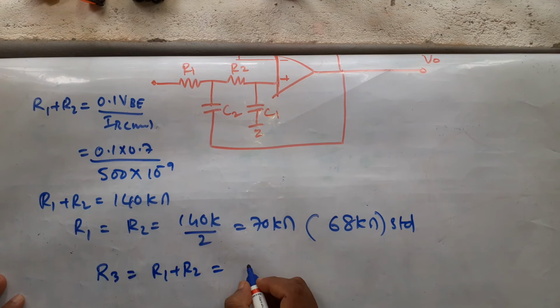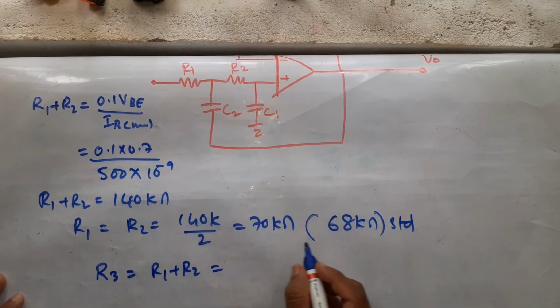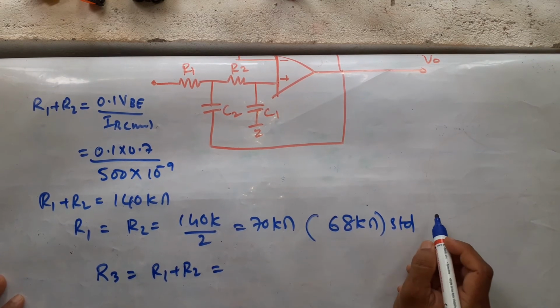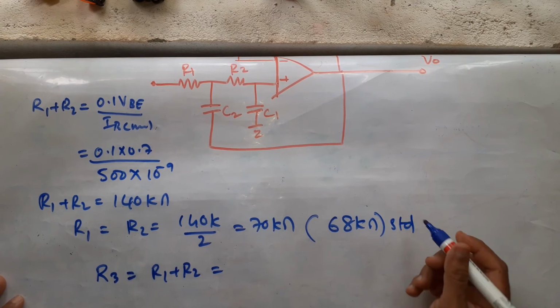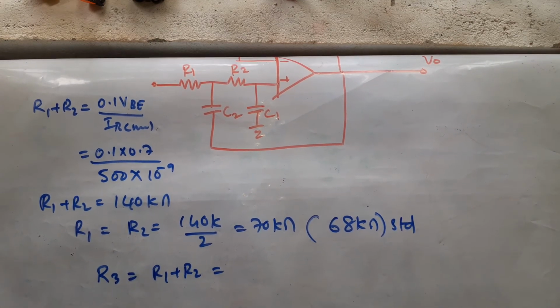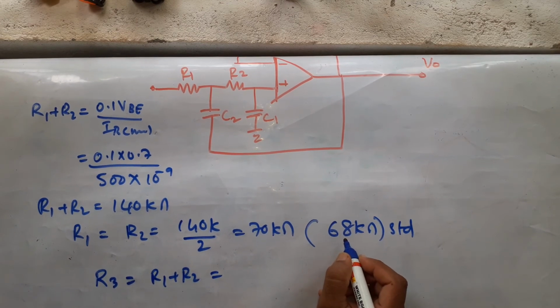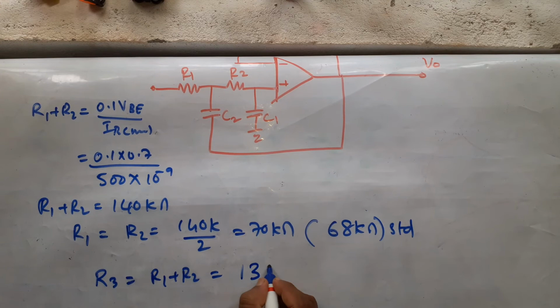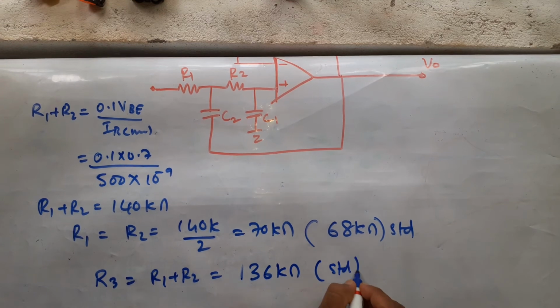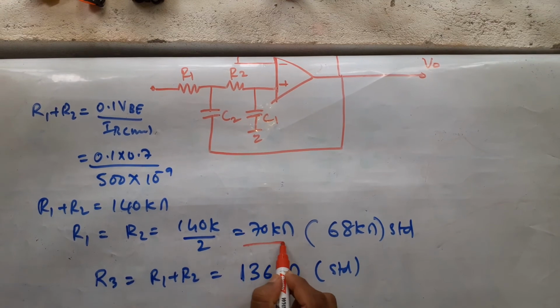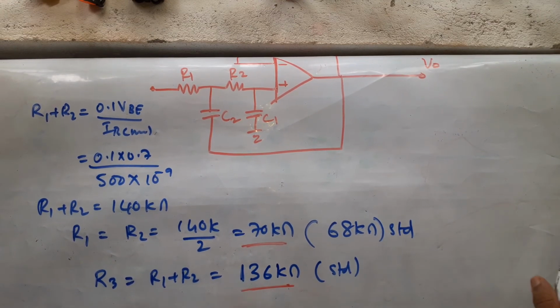How will you do now? 70 plus 70 is 140, but we have chosen standard as 68. 68 double is 136. 136K is a standard value already. So this is your first answer. This is your second answer.